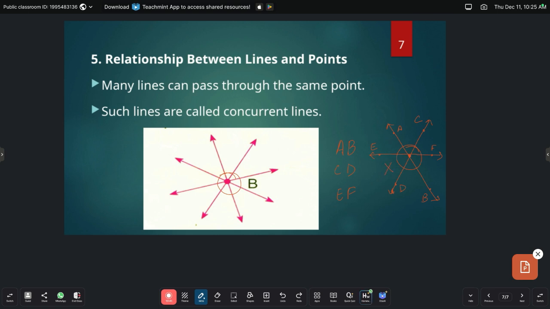Let's mark this point as X. So these lines that pass through the same point are called concurrent lines. In simple words, concurrent lines are many lines that pass through the same point. Got it, boys? It's very easy to understand. Just go through the figure and you will get to know what concurrent lines are.